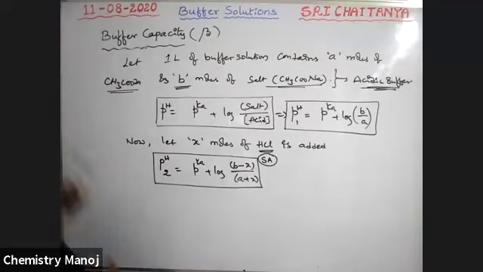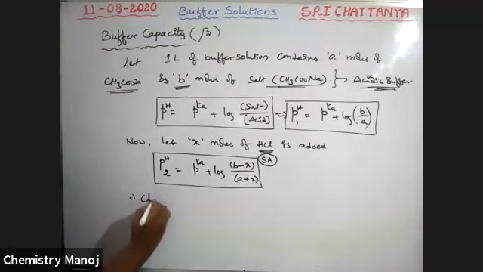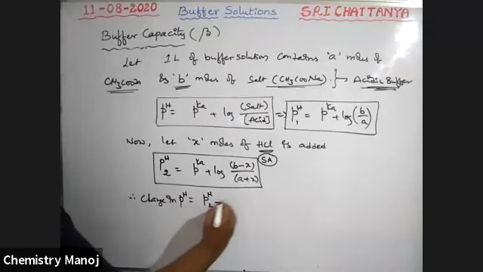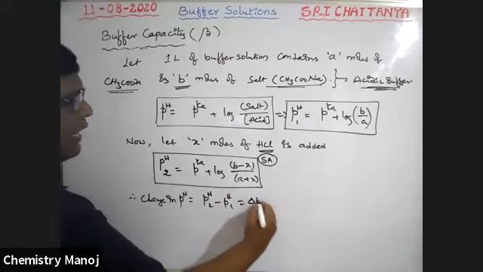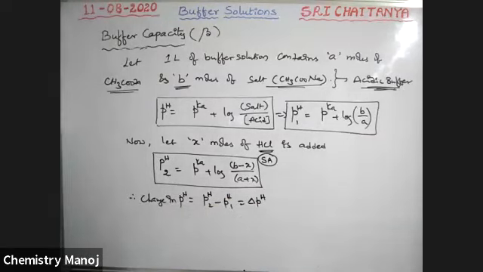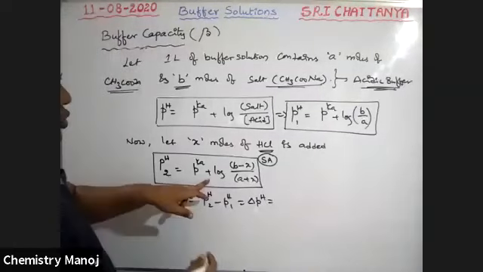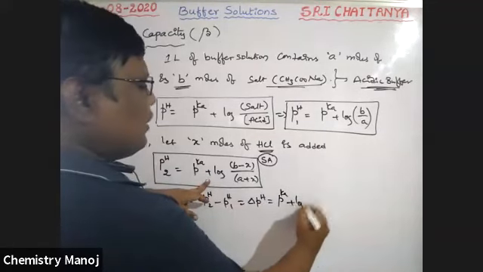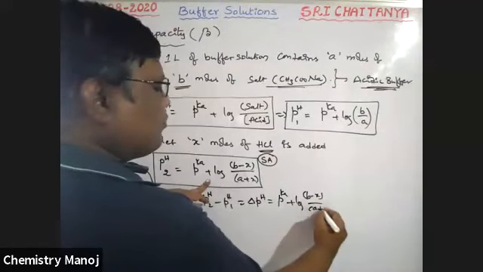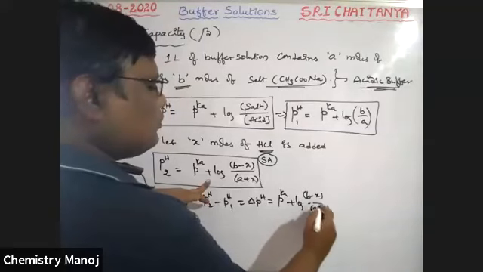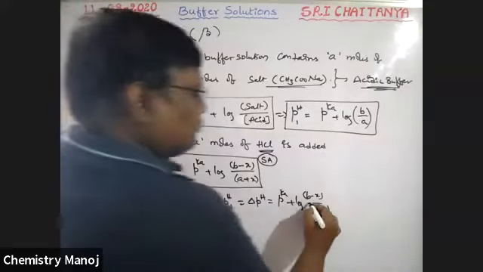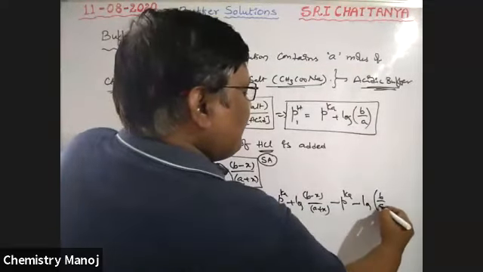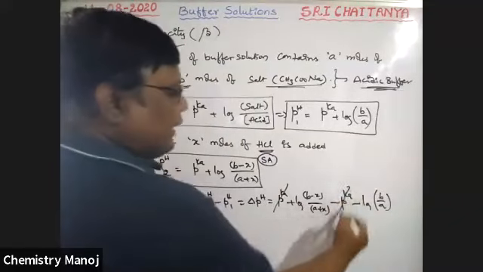Now I want to find out the change in pH. Therefore, change in pH is equal to pH 2 minus pH 1, which is taken as delta pH. This one minus this one, my dear boys. Therefore, pKa plus log B minus X by A plus X minus pKa minus log B by A. This pKa cancelled.